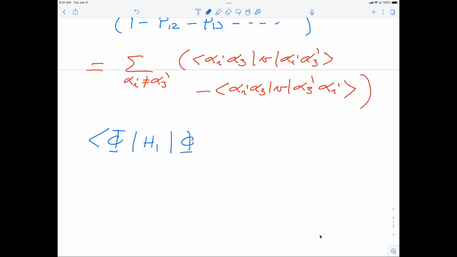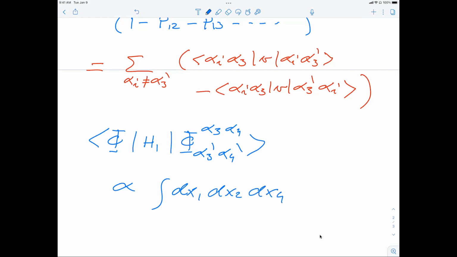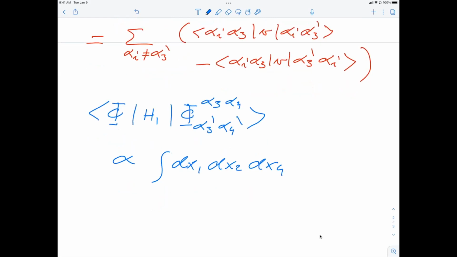But now we assume that there are 2 single particle states which are different, alpha 3 and alpha 4. We have specified those which are different, and this matrix element is going to be proportional to, again, the same integral dx1, dx2, dx3 and dx4.